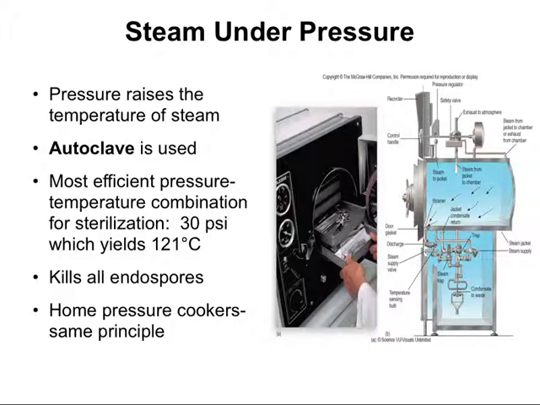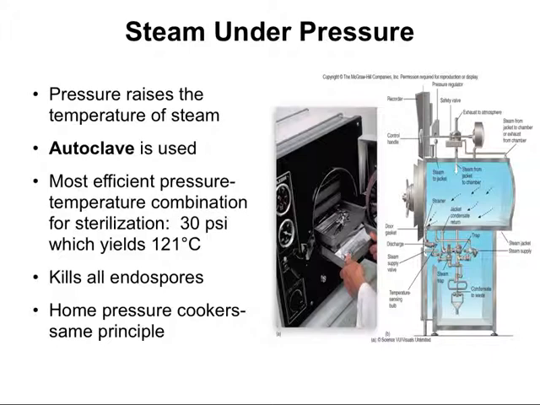As you're already aware, boiling water at 100 degrees C is not capable of reliably killing all microbial spores. So we use an autoclave. The autoclave is a machine that allows us to generate pressure and boil water at a higher temperature, thus allowing for sterilization.